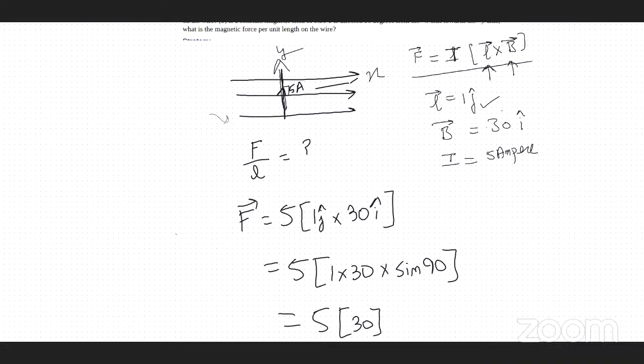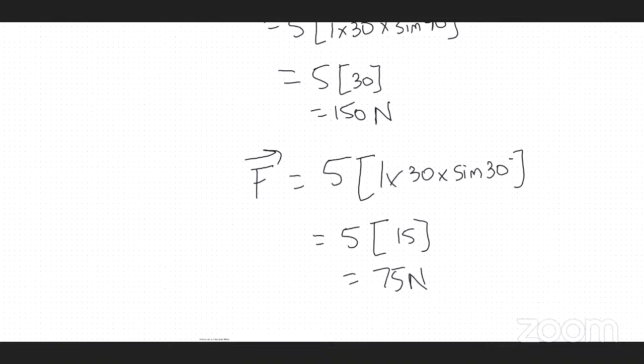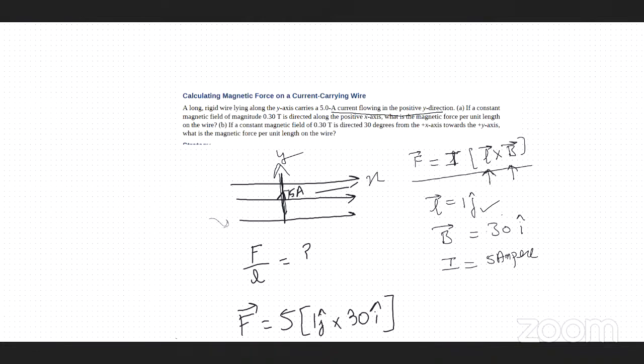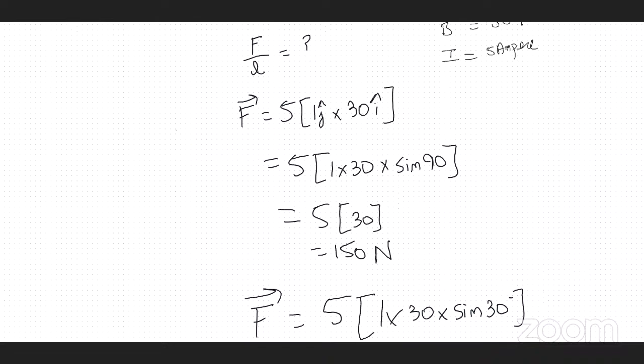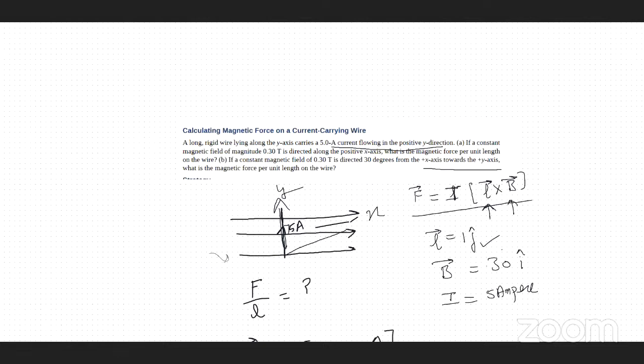हो गया सर। लेट अस सी। ये तो मैग्नीट्यूड आया, डायरेक्शन तो आई नहीं। Thirty degrees from the x-axis towards the y-axis, which means now this wire is kept like this. जेड एक्सिस हो गया। If the magnetic field is 30 degree from the x-axis towards the y-axis, okay?